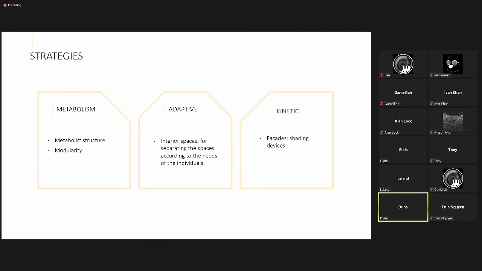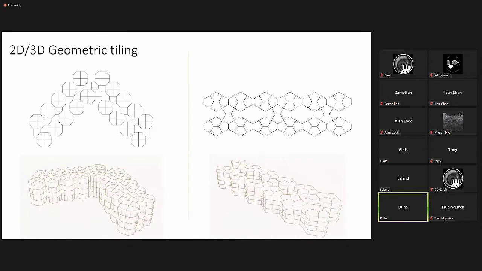After I was done with my research, I started doing 2D and 3D geometrical tiling. I started experimenting with different types of tilings because we need to figure out a system that is repeatable and can lead to something continuous that can change.